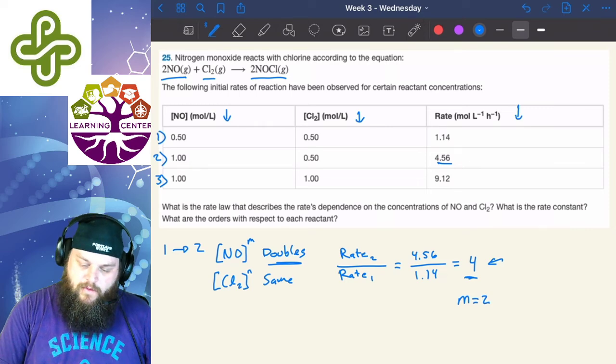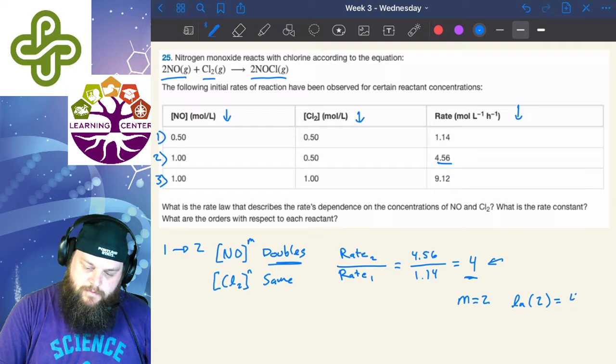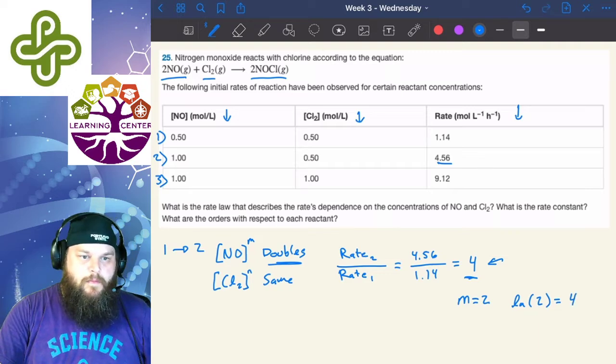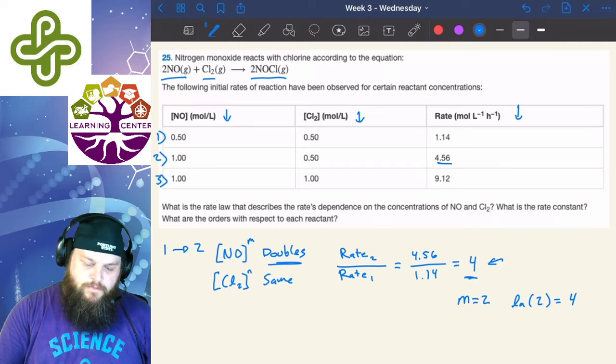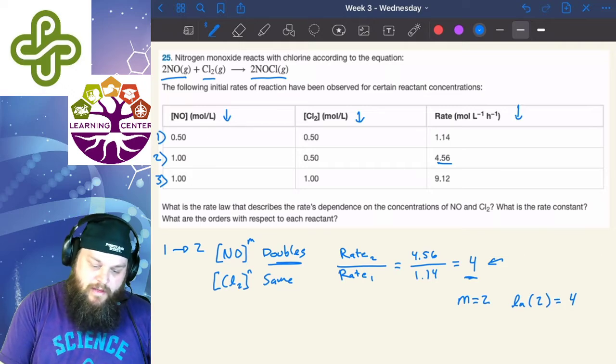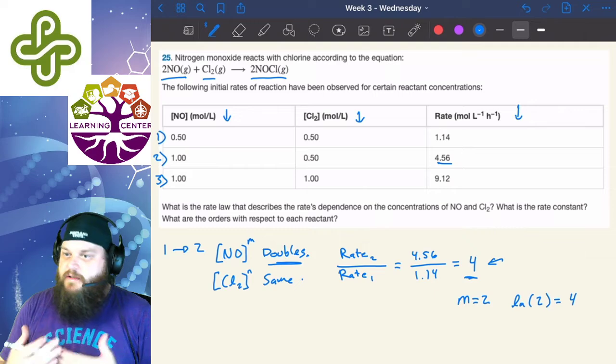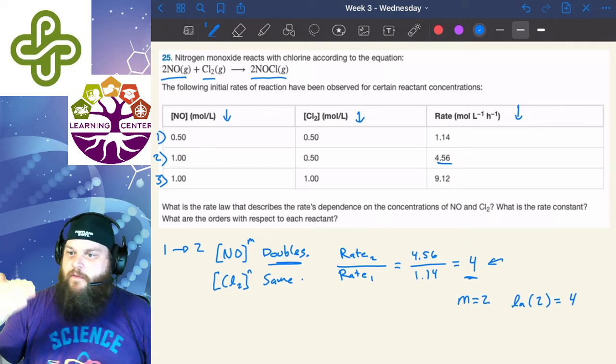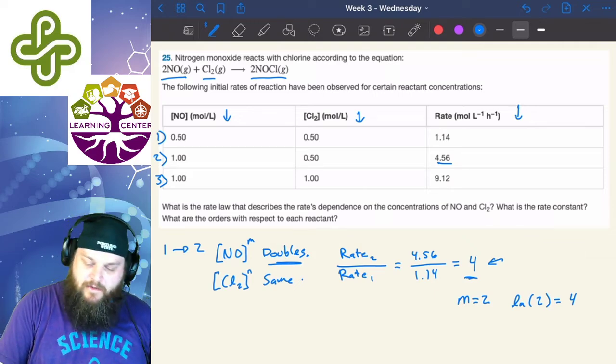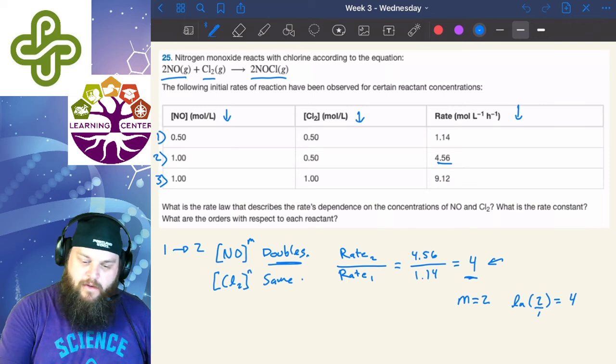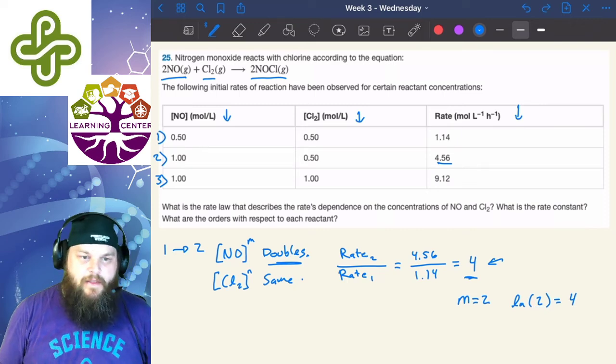Or we can think of the natural log of 4 over the natural log of 2 equals 2. And we have to take into account both of the concentrations that are changing. One of them's doubling and one of them's staying the same. So it's kind of that 2-to-1 ratio that's happening there.